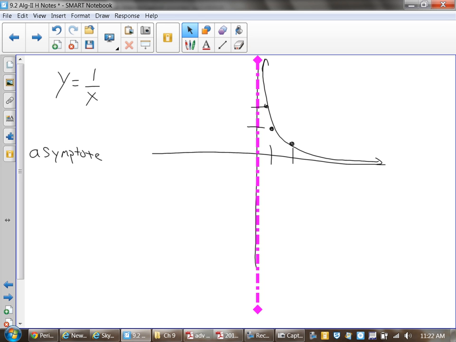If I choose -1, I get -1. If I choose -2, I have -1/2. If I choose -1/2, I have -2. It's the same basic curve, just going the other way. It's going to get infinitely closer and closer, but it's never going to equal 0. That's why it's called an asymptote.